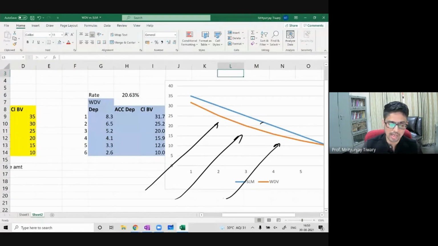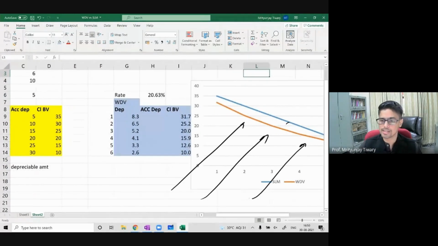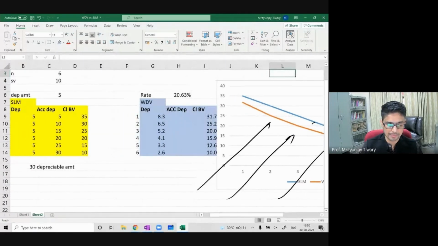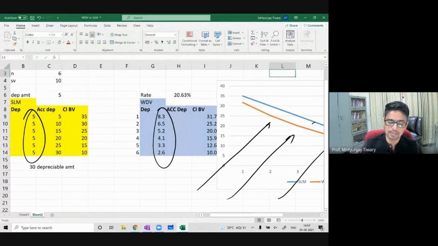It is almost like, let us say, two people started a race. One is maintaining the same speed throughout. The other is starting with a very high speed, but the speed is consistently falling. And they are both reaching the destination at the same time.